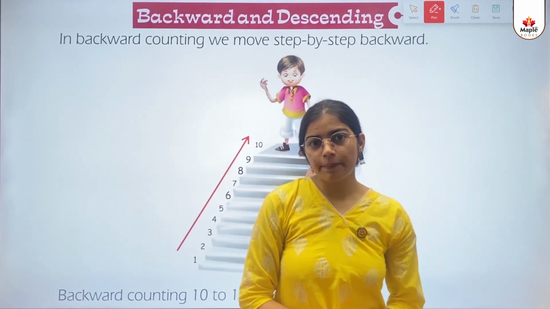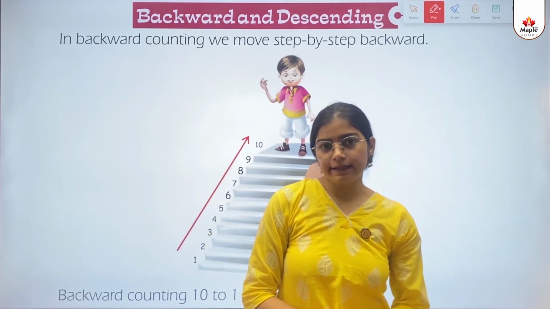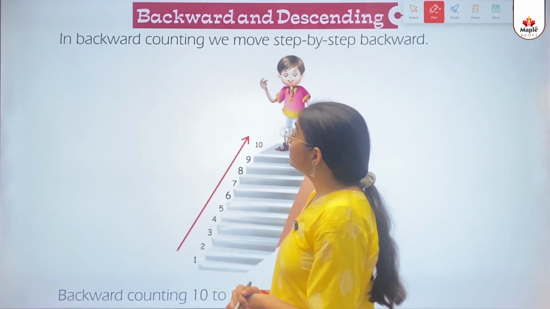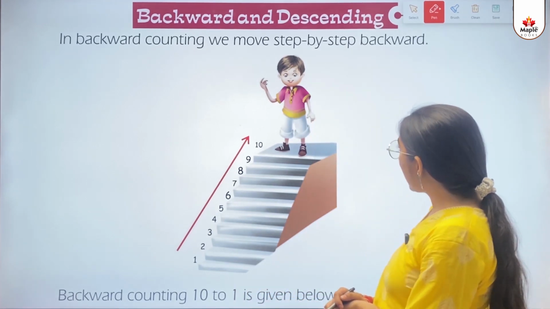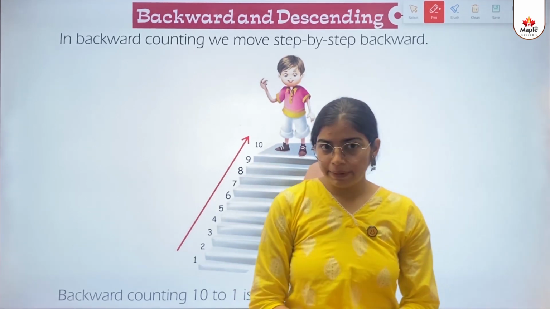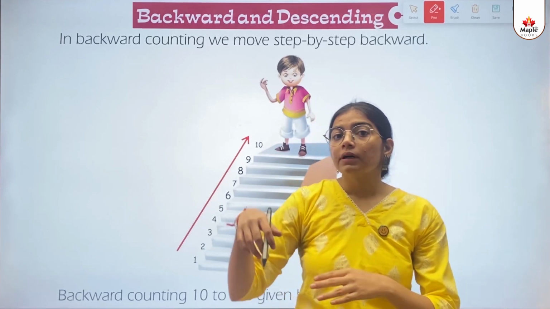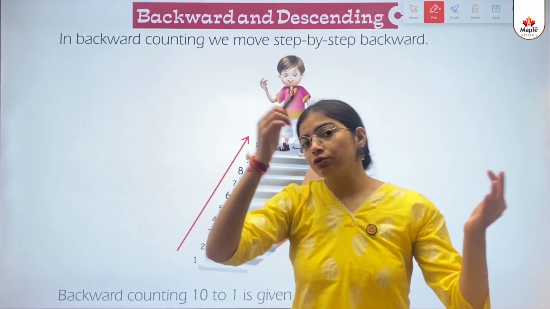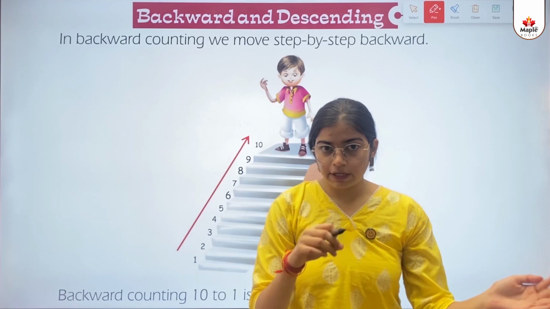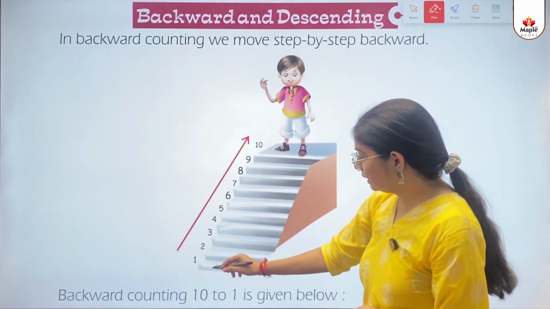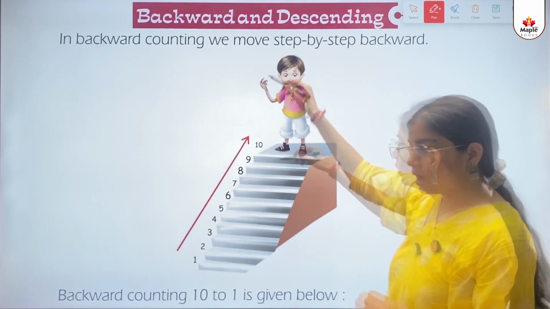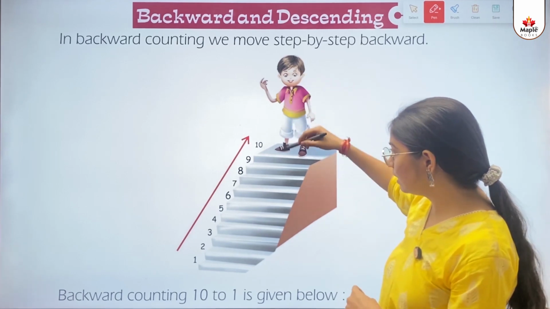Kids, our next topic is backward counting and descending order. In backward counting, we move step by step backward, meaning we move from the greater number to the smaller number. As you can see, the kid is standing here in the upward direction.